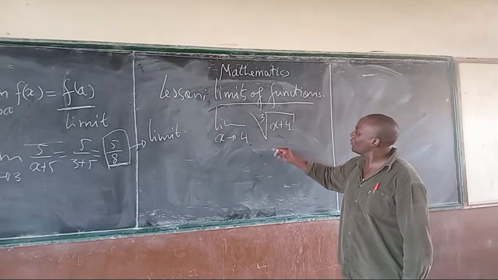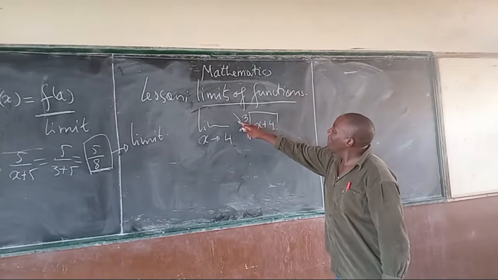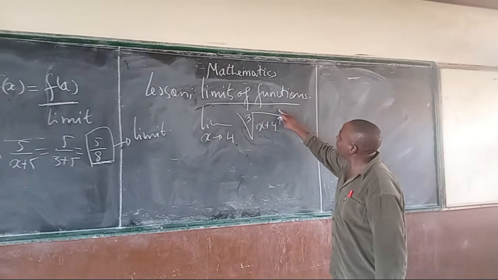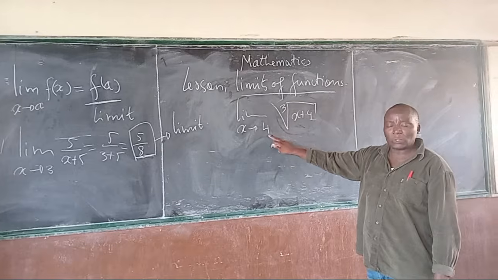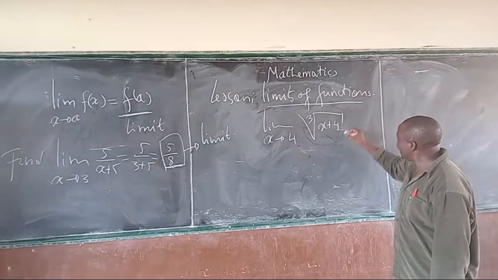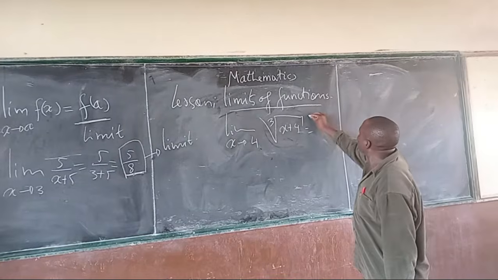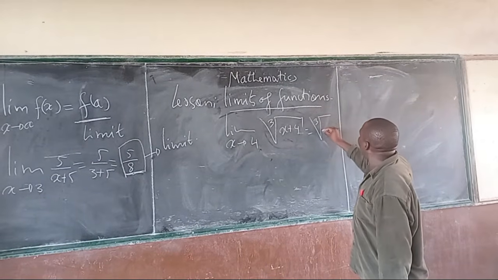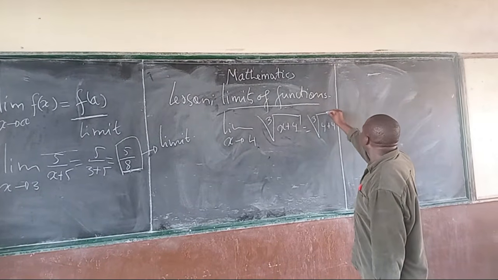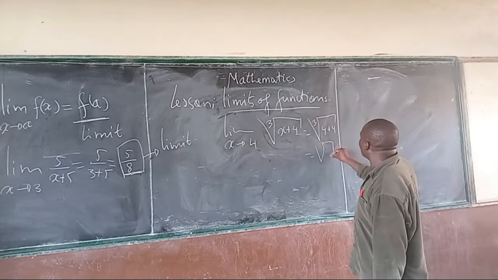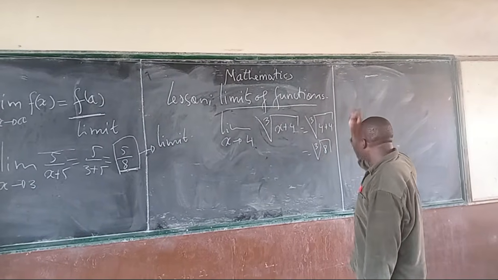It is like finding the maximum value of my given function here where x equals 4. Simply, you replace where there is x by 4, you get the cubic root of 4 plus 4. This is the same as the cubic root of 8.